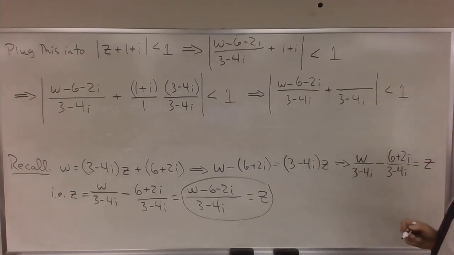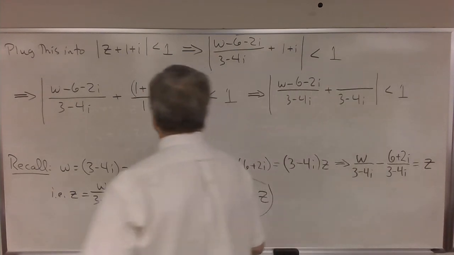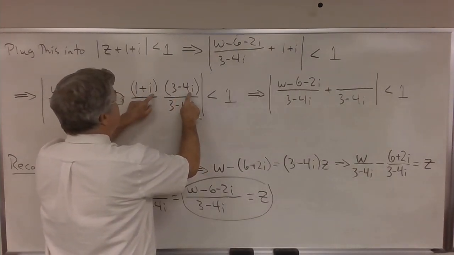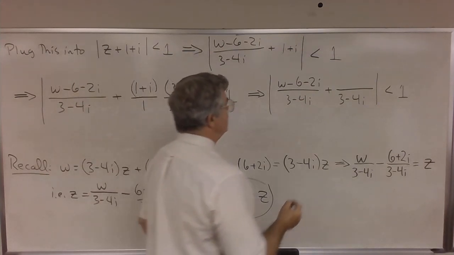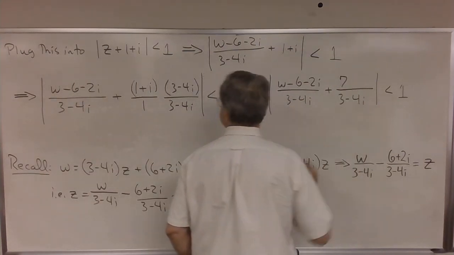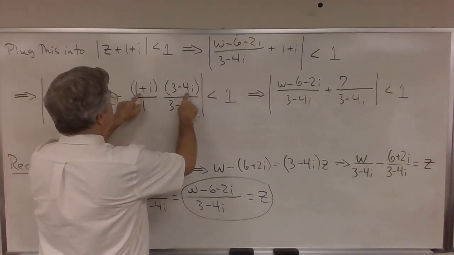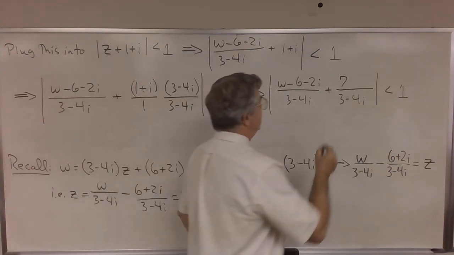Okay. I have 3 plus 4 is 7, I hope. And I have 3i minus 4i is negative i.